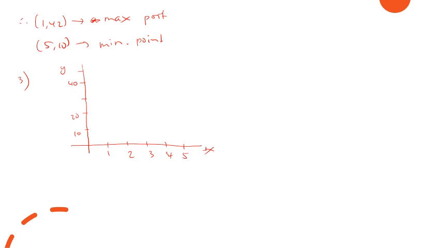Now (1, 42) will be here, more or less 42. And then (5, 10) is around here. So the curve goes like this.